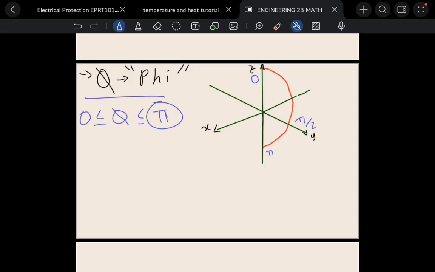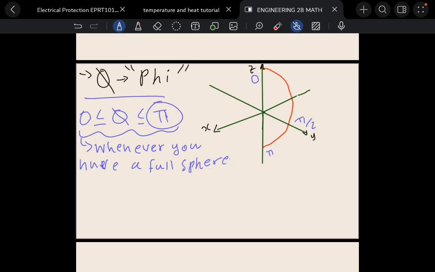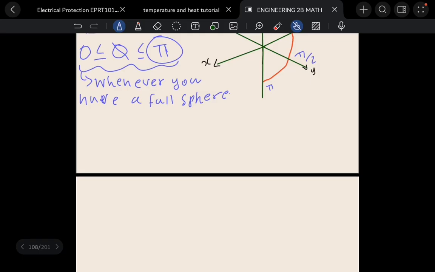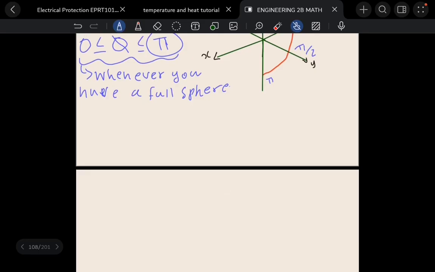Now, we have 3 cases of phi. The first one that I wrote here: whenever you have a full sphere, you are always going to need that bound.